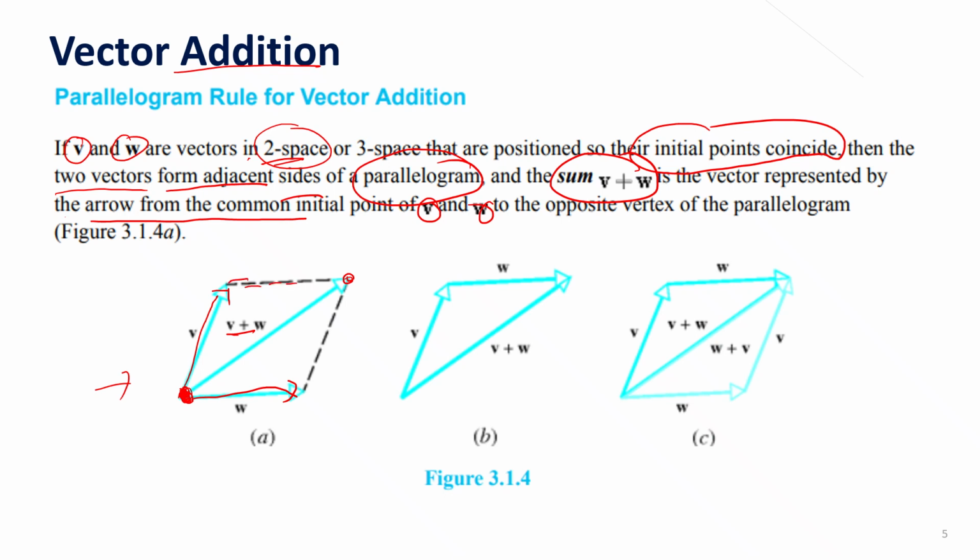So the initial point of v plus w is the same as that of v and w, but the terminal point is the opposite vertex. If you translate v and w like this, this will be the terminal point of v plus w. So this would be the vector.